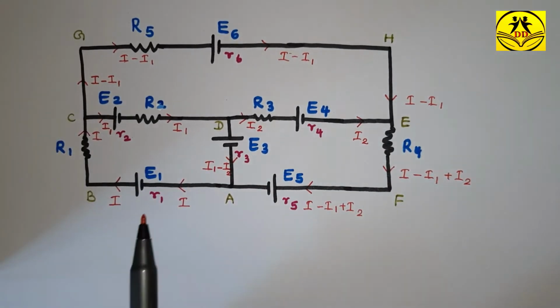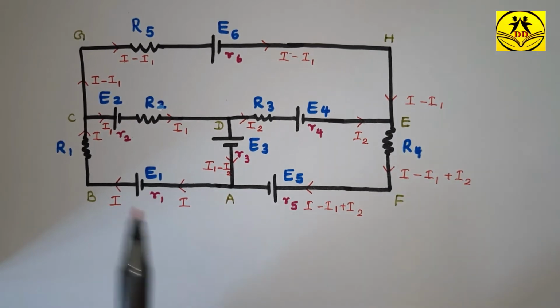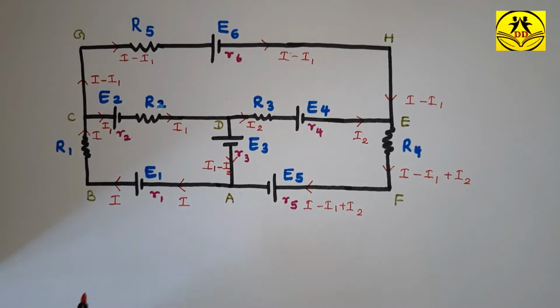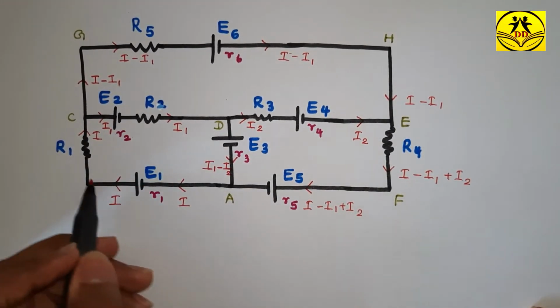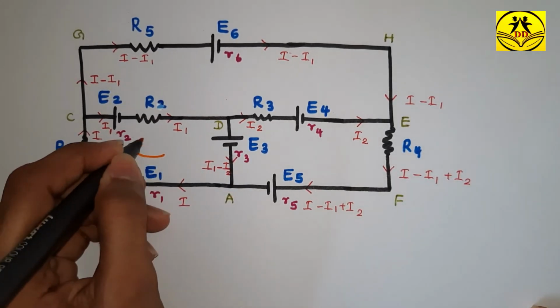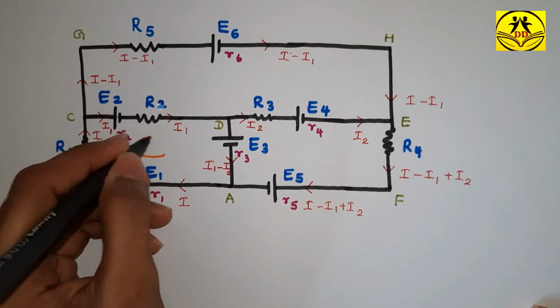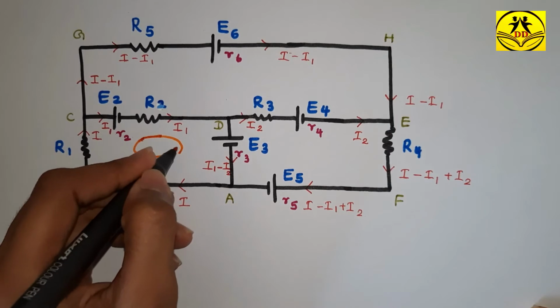You can apply Kirchhoff's second law to any loop that you select. So first I'll consider this loop. Current starting from here to here to here and from here. This loop.